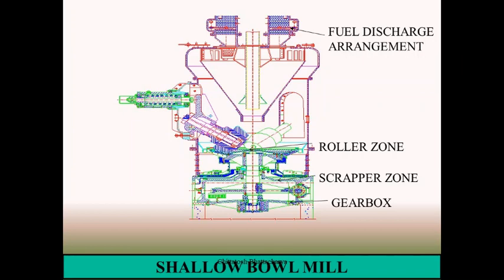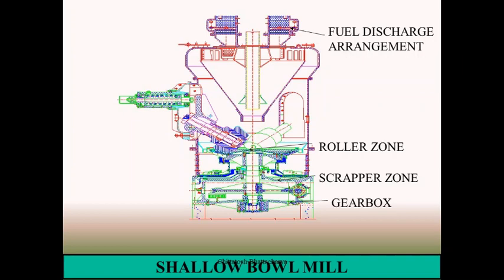For higher capacity milling, we use ball tube mills or drum mills. For medium capacity milling, we use bowl mills. They rotate at a speed of 40 to 100 rpm maximum.